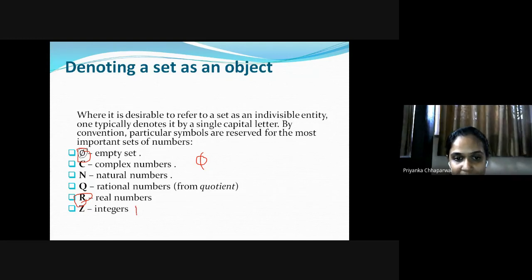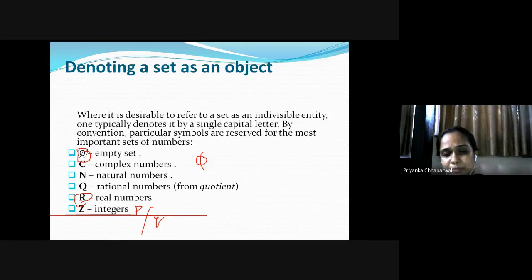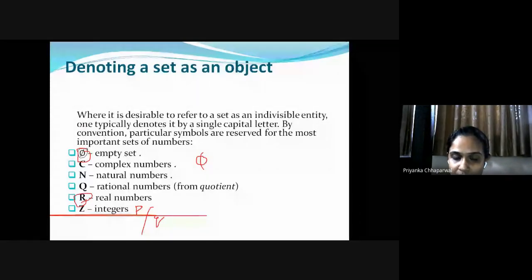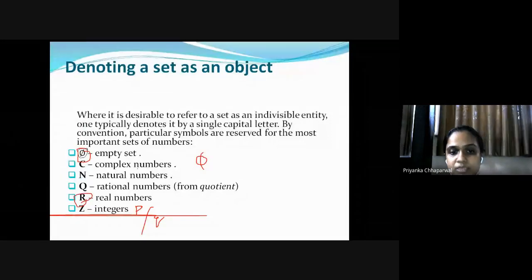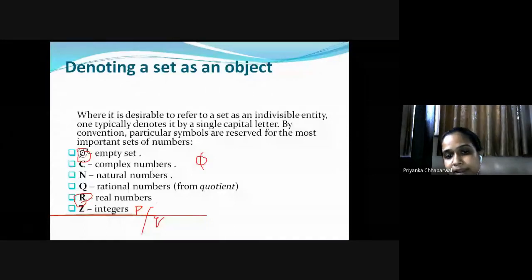Means p by q is not part of the integers. But in real numbers, values like 1.2, 1.3, minus 1.32 are all included. So always remember the notation of these numbers. C denotes complex numbers, N denotes natural numbers, Q denotes rational numbers, R denotes real numbers, and Z denotes integers. Sometimes integers are also denoted by I.